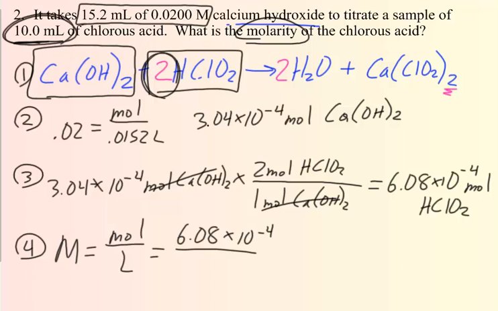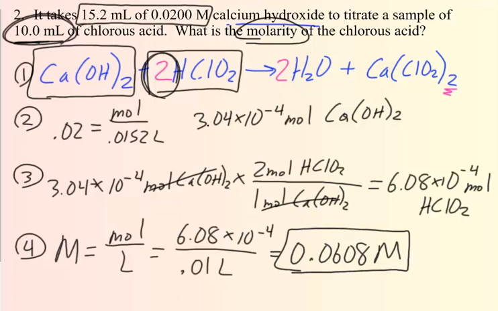We have 10 milliliters. So moving the decimal over 3 to the left gets us 0.01 liters. That gives us 0.0608 for our molarity.